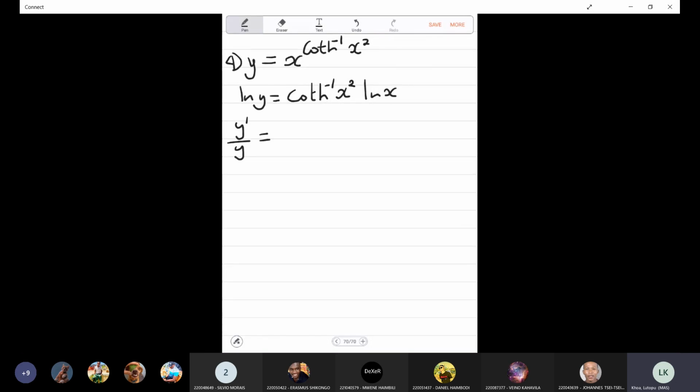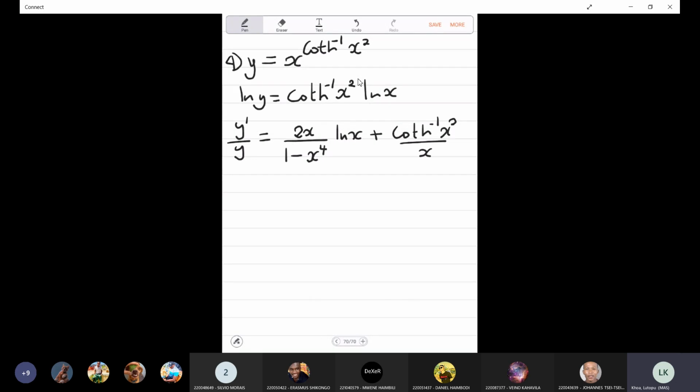This is the derivative of the first one, which is the derivative of x squared in the numerator, which is 2x, and then in the denominator we have 1 minus our function squared. So that's x to the power of 4. Then we multiply by the second one as it is, and then we have the first one as it is multiplied by the derivative of ln of x, which is just 1 over x.